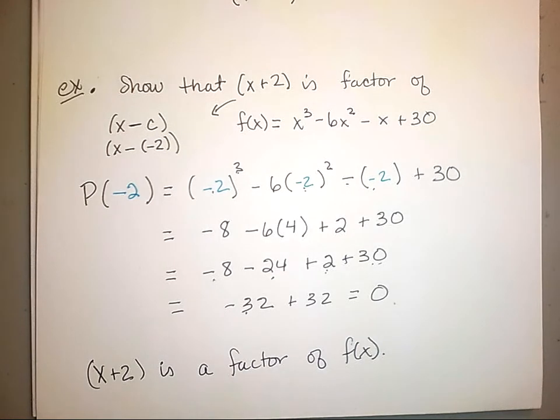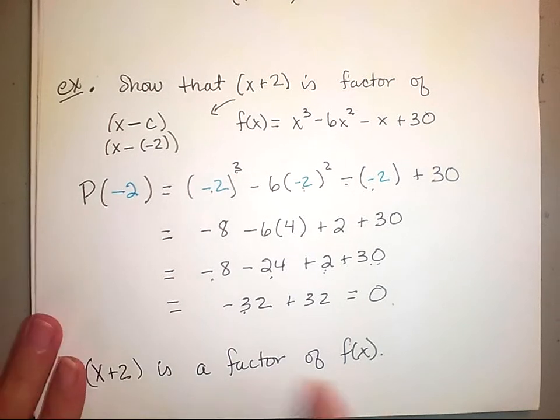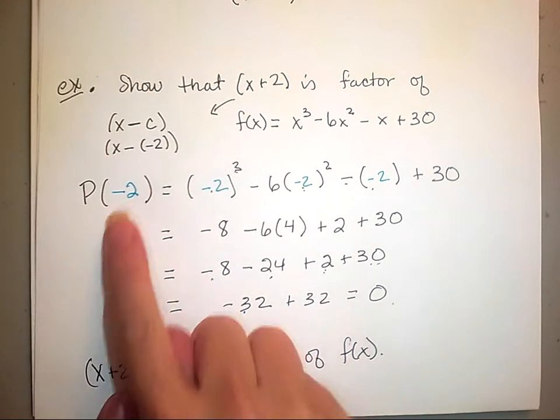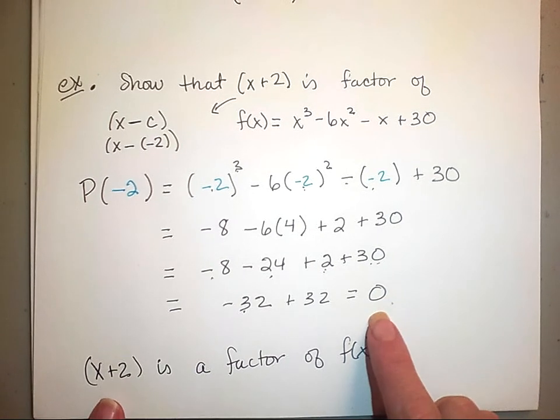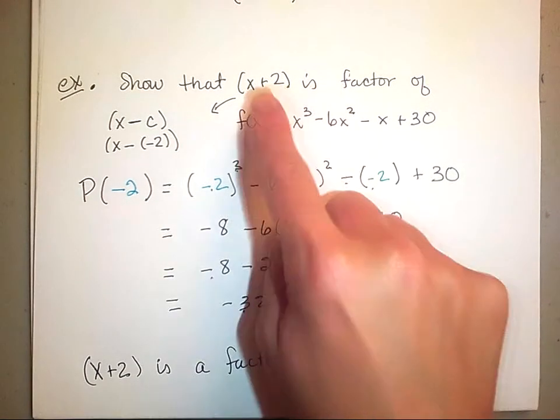And so that was much easier to do, to show that x plus 2 is a factor, by evaluating our constant and showing that it equals 0, rather than having to go through the long division of dividing x plus 2 into this. Okay.